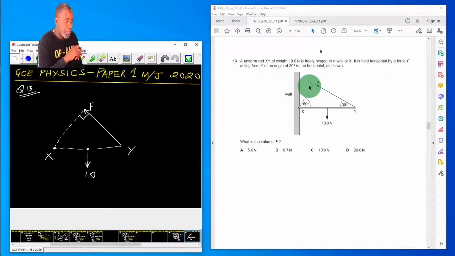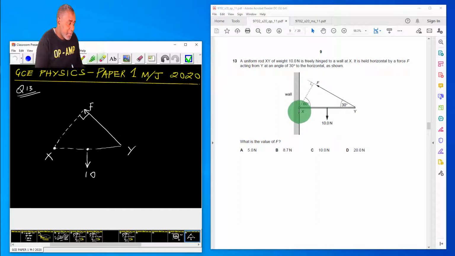For instance, you want force F. So you might want to avoid taking moments about point Y, because that will eliminate the moment due to F. It will make it 0. You don't want to take moment about this point, because it will make the moment due to this force, which you know, to be 0.